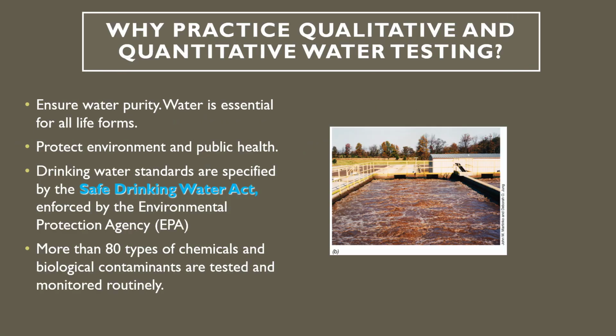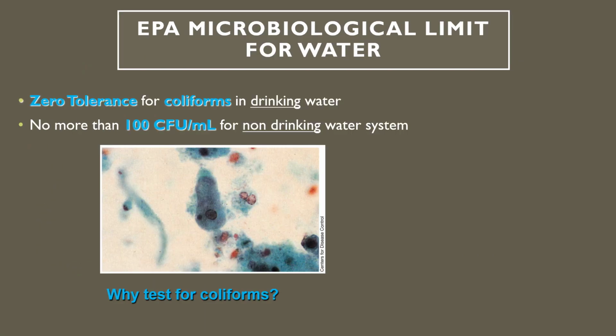So for our drinking water, the Safe Drinking Water Act is going to be enforced by the EPA, and this is the standard for drinking water. So drinking water needs to meet this standard in order for it to be considered safe. So for drinking water, we have a zero tolerance for coliforms.